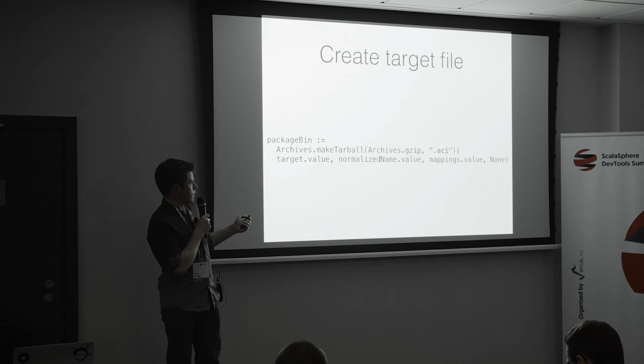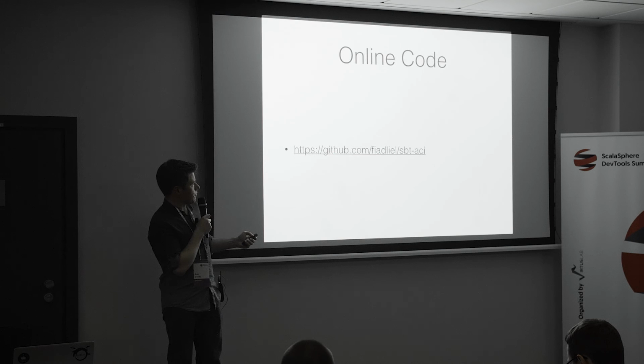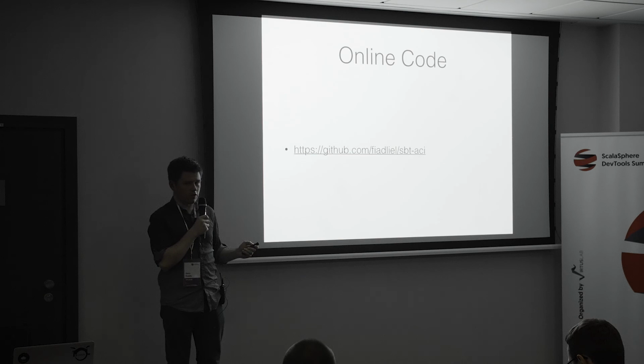Inside the SBT API code, there is a call called makeTarball that allows us to create a gzipped file using a particular set of files, which is from mappings here, and then we write it into this archive. And there's online code here if anybody wants to take a look at how this works and how this extends the existing code.